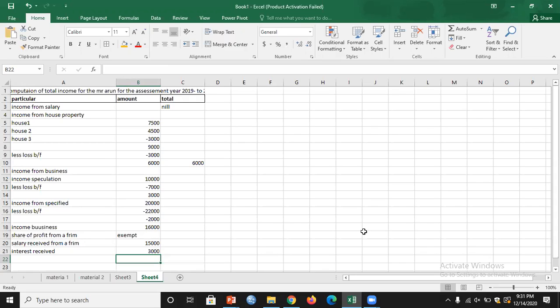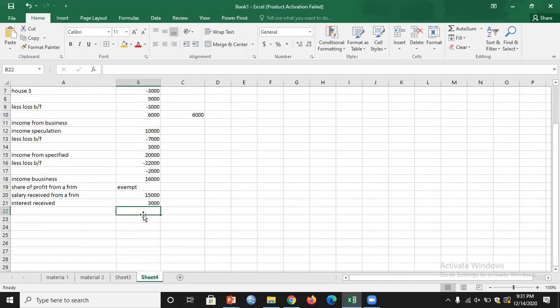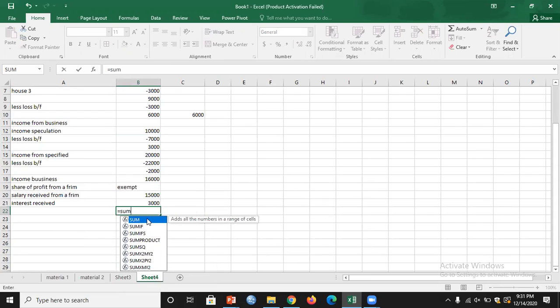Then let me calculate how much is the current year profit for the business. Let me add all things as a sum, which is easy to understand for me. First the interest and salary received, then income from business. We don't need to add the specified business loss.